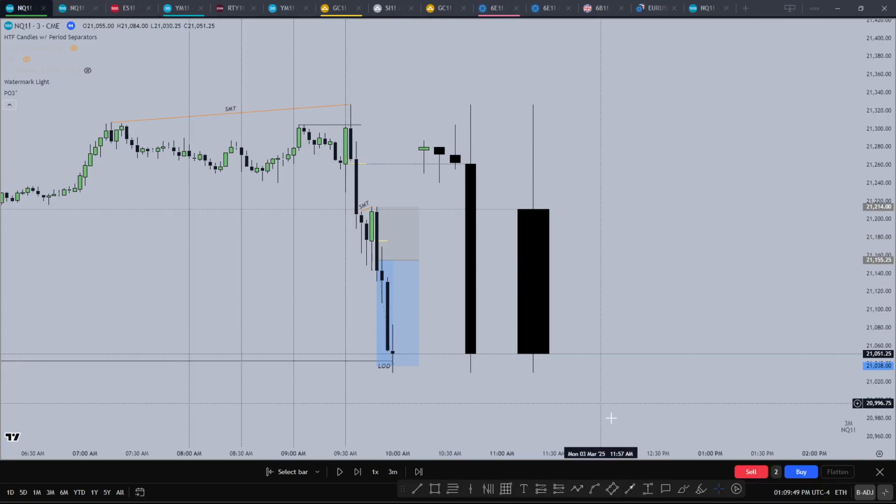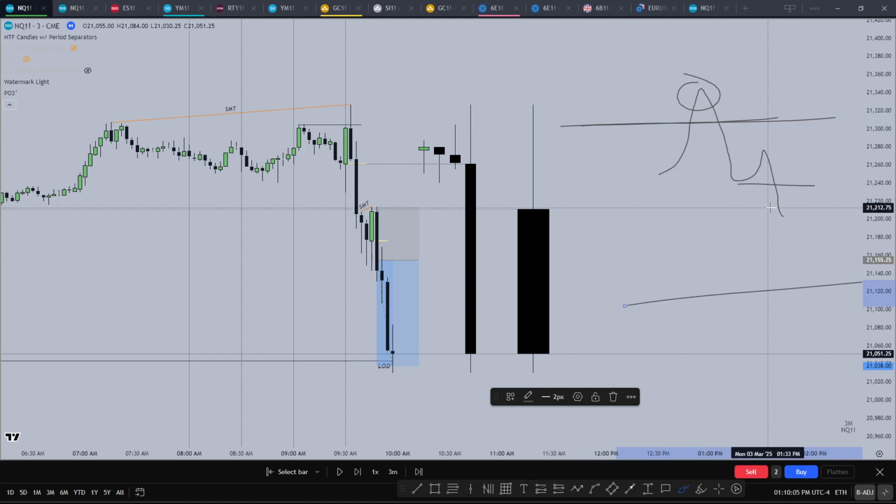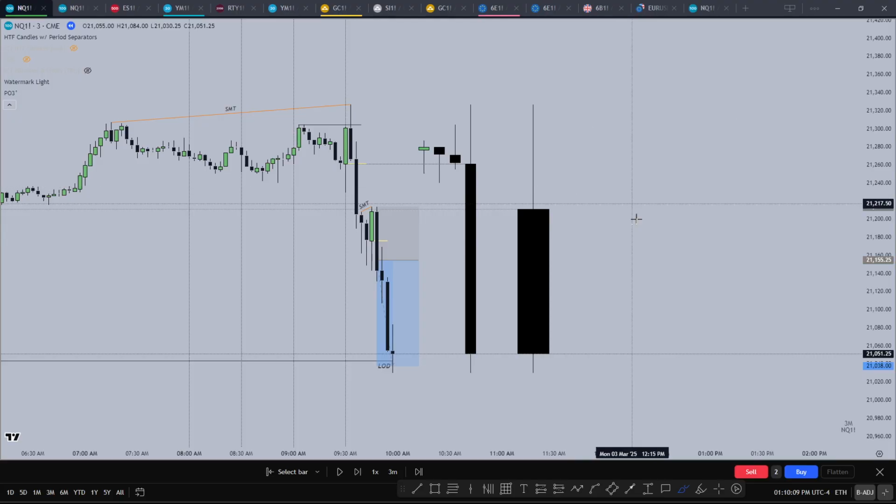Two simple entries, right? Established high of the day being put in, framing the continuation entries. This is New York, right? New York forms a high of the day at the relevant point. Using this as a framework, framing the continuation entry towards the objective. Too simple, too clean. Right? M3, M5.